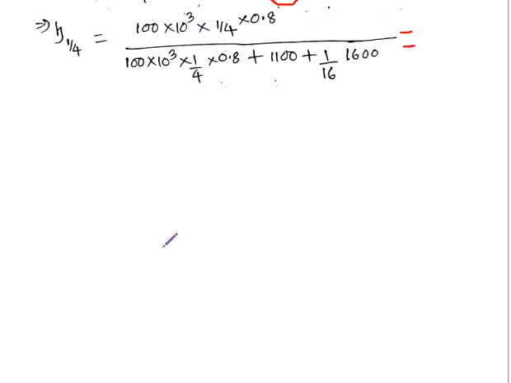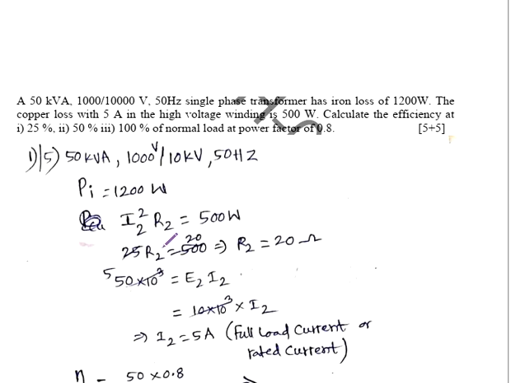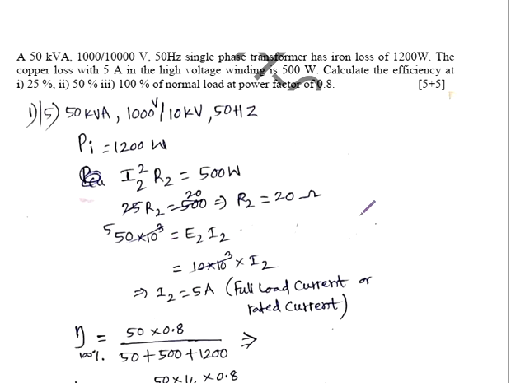Fine. Now we will see one more question, another type of efficiency problem. Here it is given that a 50 kVA, 1 kV by 10 kV, 50 Hz single phase transformer has an iron loss of 1200 watts, and the copper loss with 5 amperes in the HV winding is given as 500 watts.